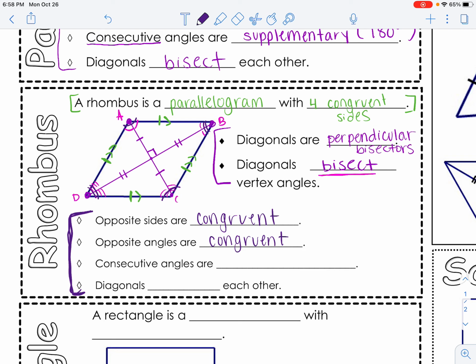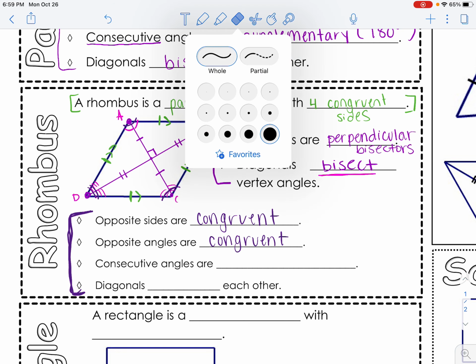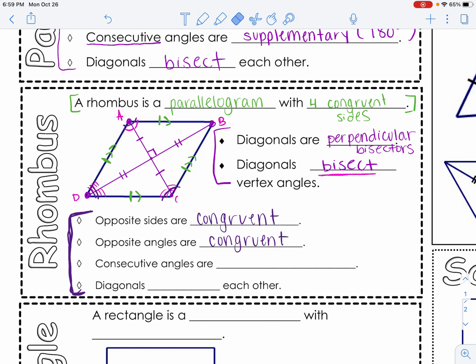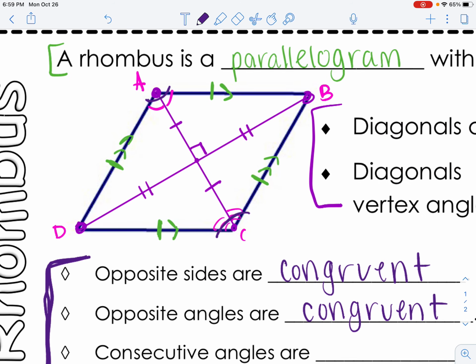Let's think about this for a second. If the two angles opposite are congruent to each other and they both get bisected, what does that mean about the equal halves that have been created? So like here, B and D, for example, we know that D and B are congruent to each other.